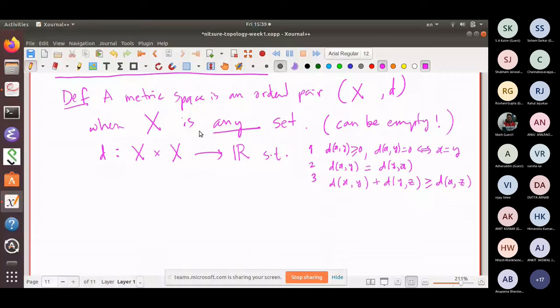So if you use non-empty anywhere, henceforth you will have to say that let X be a non-empty metric space, then blah, blah, blah. I'm going to give you an example of such a theorem. It's called Baire's theorem.